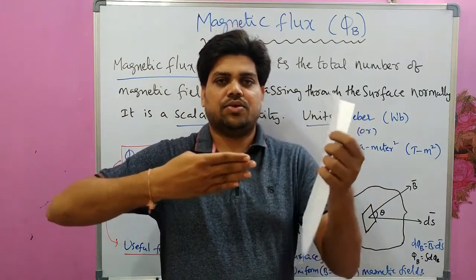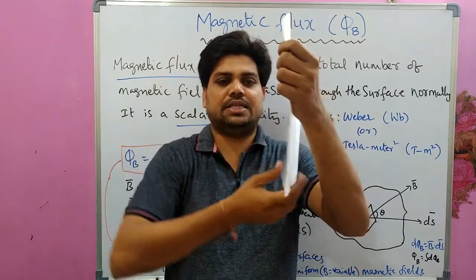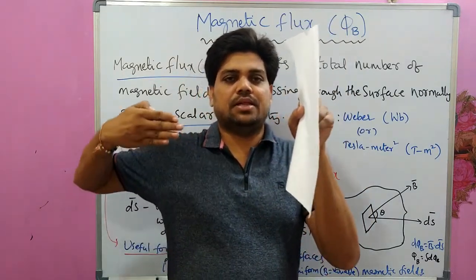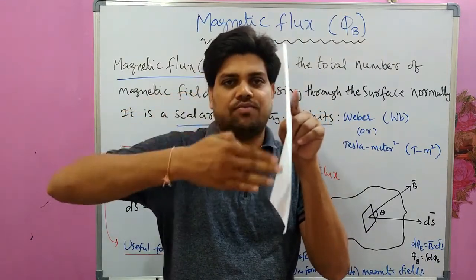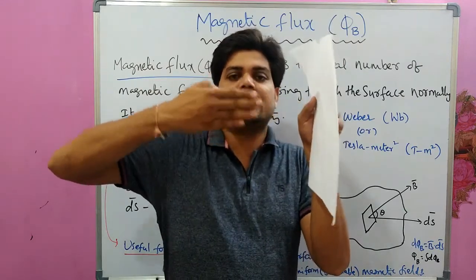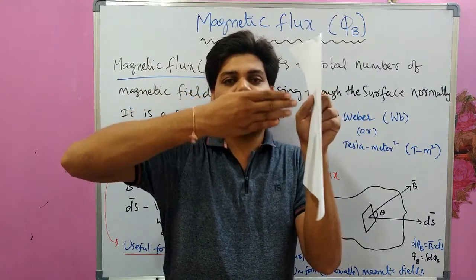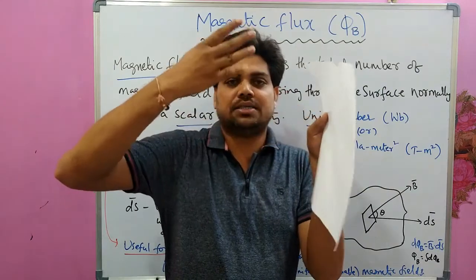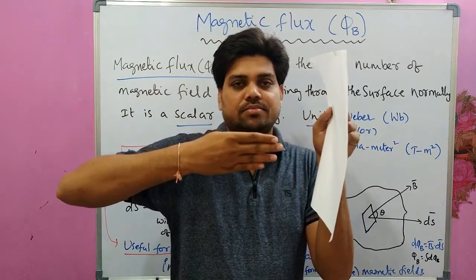If I place a surface in the magnetic field in this way, then the magnetic field lines are passing through this surface normally, you can see, normally. Then the magnetic flux here, the number of magnetic field lines passing through this surface normally, is 4, for example, if 4 lines are passing through it.